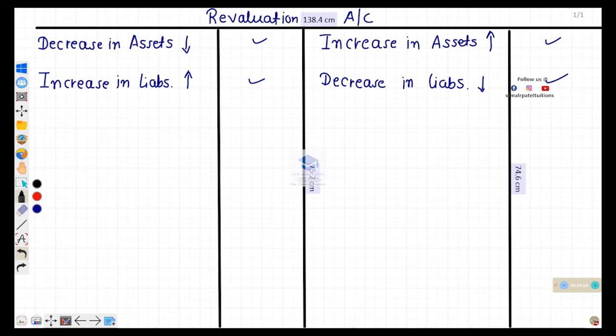Then bad debt, bad debt reserve: new minus old, or you can say bad debt or bad debt reserve given in adjustment minus that given in the old balance sheet instead of trial balance.